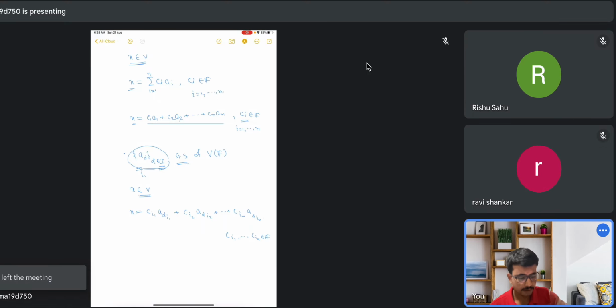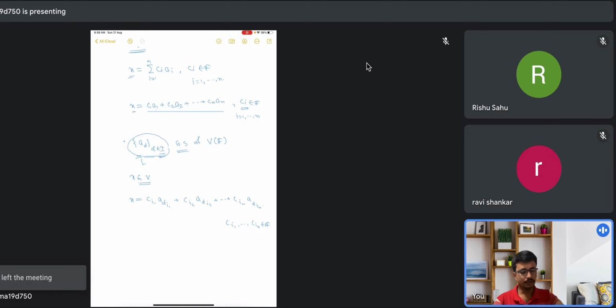This collection is a generating set of V if every element from V can be written as a finite linear combination of some elements from A alpha. Is it fine or not? Please tell me.